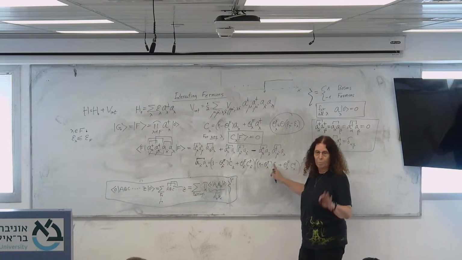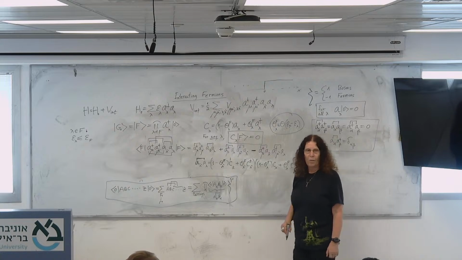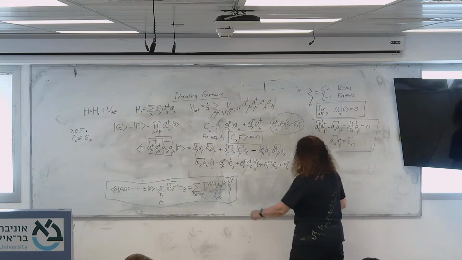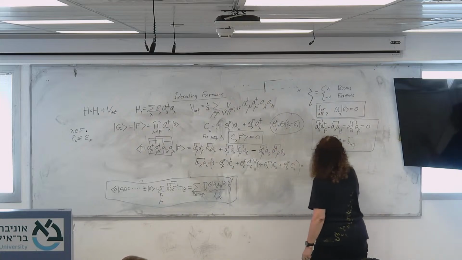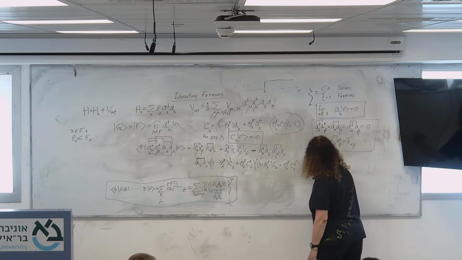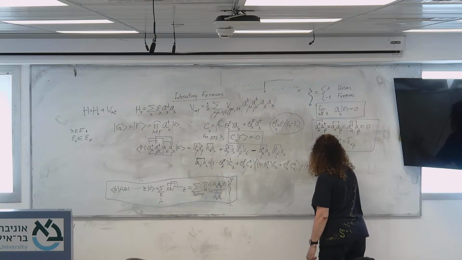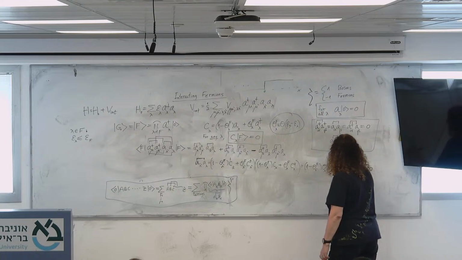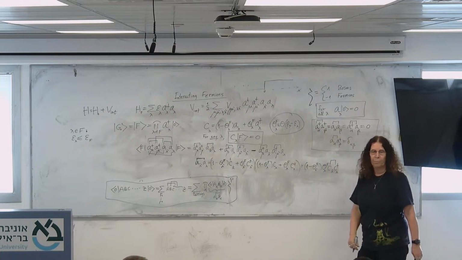What is the only term that could give me non-zero? It will be putting annihilation here and creation here, right? This is like the last option. So it's 1 minus theta lambda prime f times a theta of lambda f of C lambda prime C lambda dagger contracted, okay?